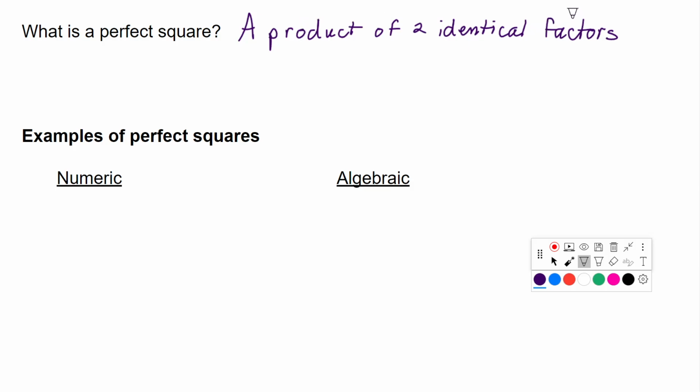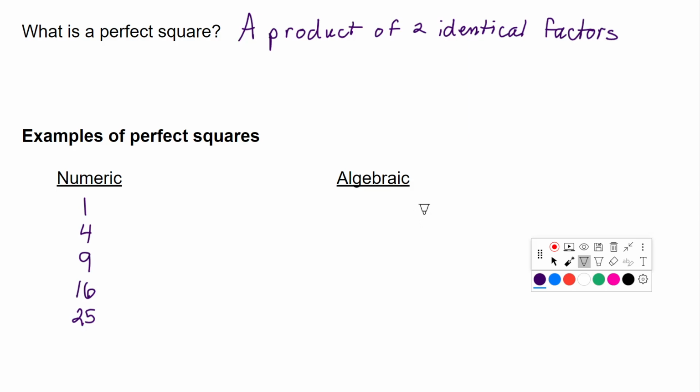Factors are those items you're multiplying. So some examples of perfect squares would be 1, because 1 times 1 is 1, 4, because that's 2 times 2, 9 is 3 times 3, 16 is 4 times 4, 25 is 5 times 5, and so on.